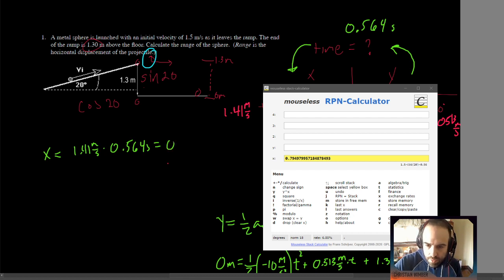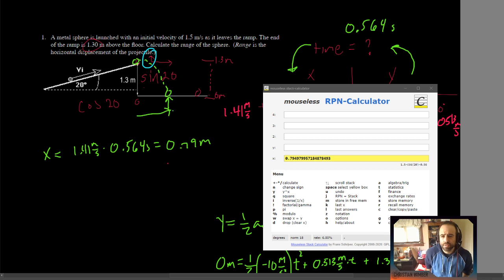So 0.79 meters. That's it. So yeah, when this ball falls off, it lands right about there. It's traveled 0.794 meters before it hits. And that seems pretty reasonable. So yeah, I'm sticking with that. Didn't tell me it went like 100 yards or anything. That'd be a problem.